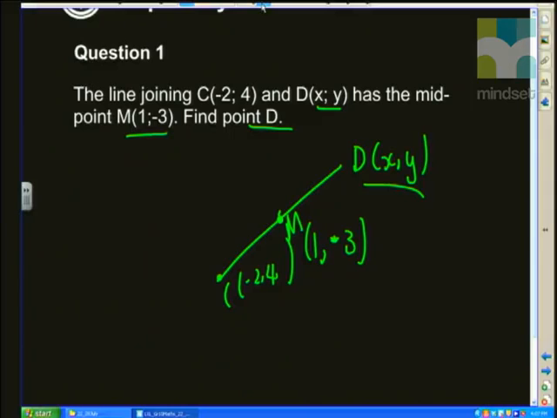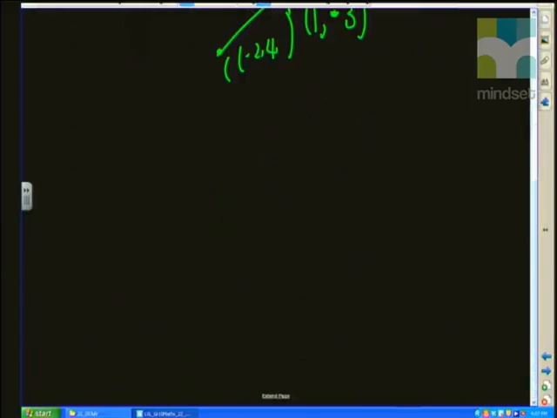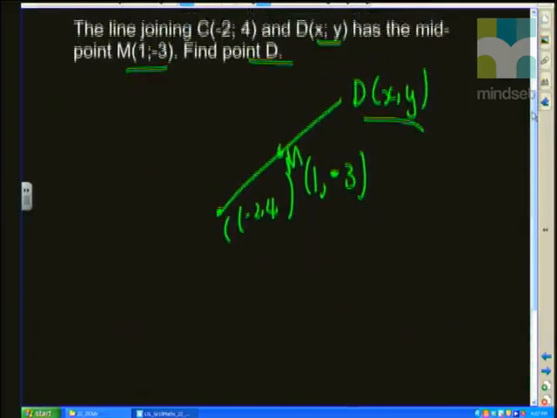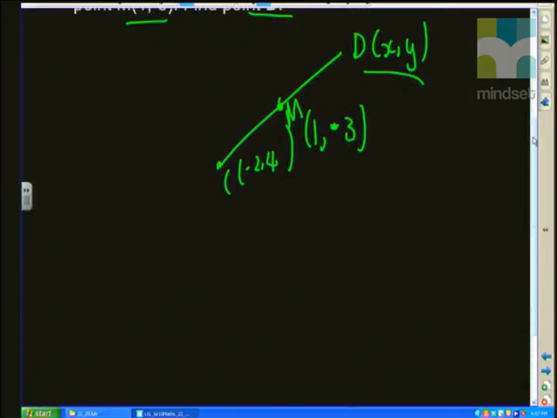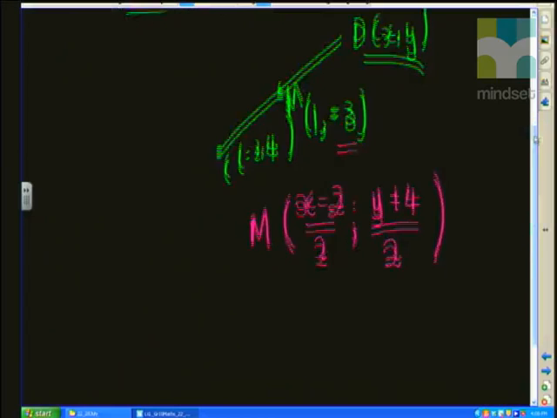So a very common question here. What we're going to be doing is using the midpoint formula and working backwards using that formula. Remember, to find the midpoint of this line CD, the x-coordinate at point D plus the x-coordinate at point C, divided by 2, will give me the x-coordinate of the midpoint, and the y-coordinate at point D plus the y-coordinate at point C, divided by 2, will give me the y-coordinate of the midpoint.